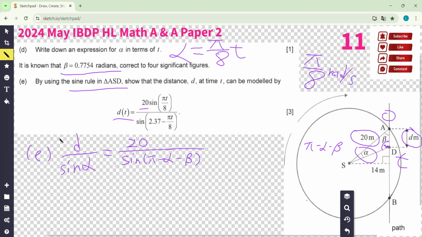And then substitute everything inside. So beta is recorded. So d equals 20 sine alpha, where alpha is pi t over 8, and then substitute everything down there. Equals 20 sine of pi t over 8 over sine of pi minus pi t over 8 minus beta.